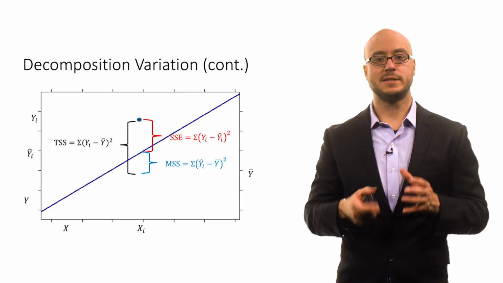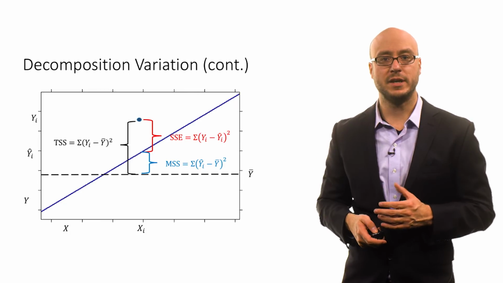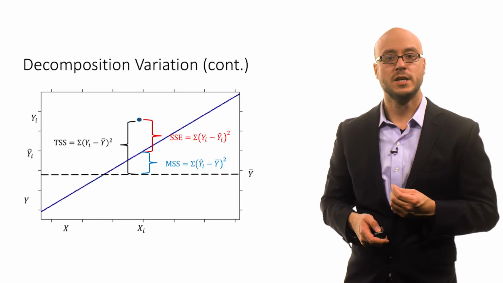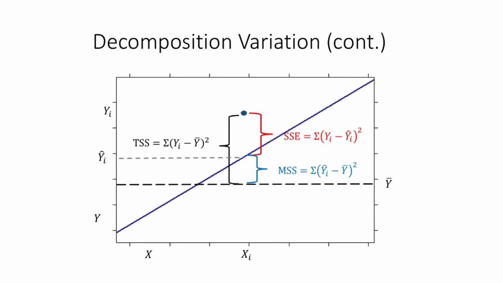So here's an example in which you can view how we can decompose the variation of our outcome. So here we have some value, okay? And you can see that we have a y hat value. We have a particular value for the mean of y, and then we have a particular value for the y hat. So we have these three benchmarks. You have the raw value of y, you have the predicted value of y, which we call y hat, and then you have the overall mean of y.